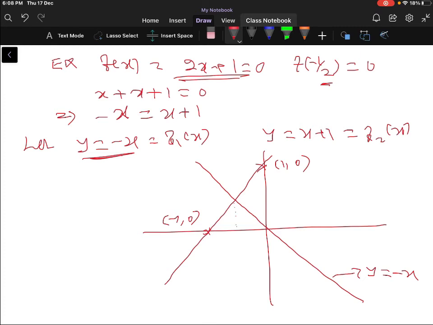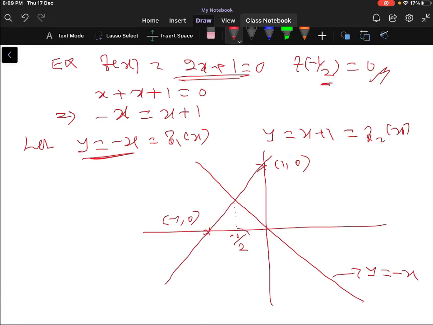At this point we can see that approximately this is minus half. When x is equal to minus half, f of minus half is equal to 0, therefore it is the root of this equation. At x equal to minus half, these two curves intersect.